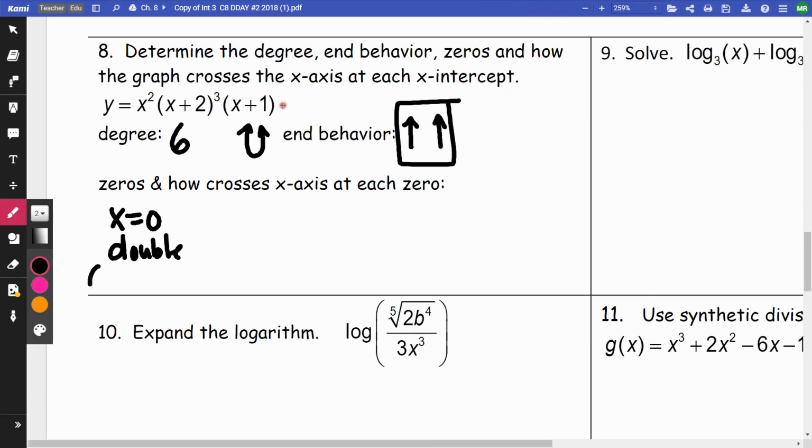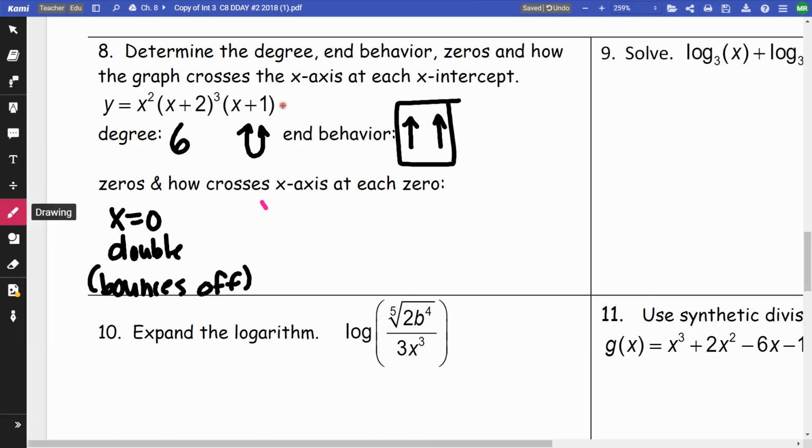So that means it bounces off. I have x equal -2, which is a triple. And so it's going to be curved like that, where it goes through, but it doesn't go through like a straight line.